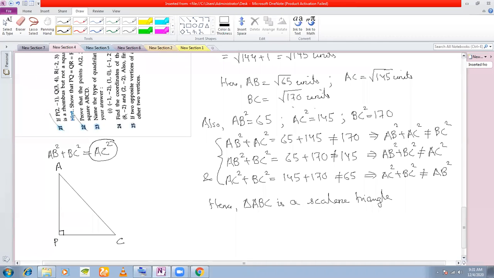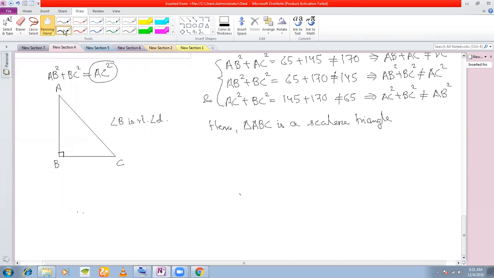So this is your hypotenuse, AC. That means this is the only vertex that remains to be labeled. We label this as B. So which angle is right angled? That means angle B here is the right angle. Understood? So in this case, we would have said that ABC is a right angle triangle, and in brackets you could have written scalene.